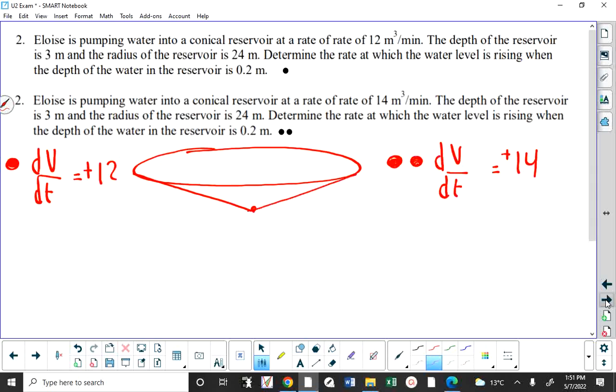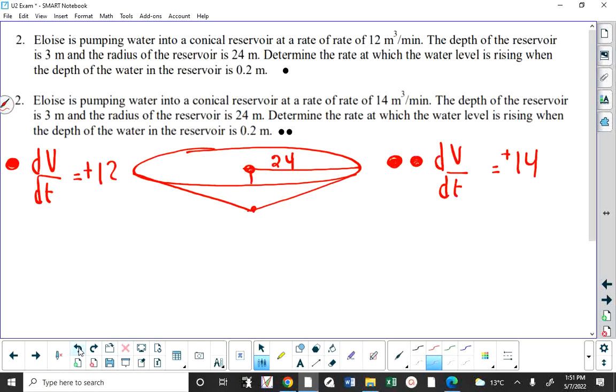So what you're looking at is a reservoir that looks like that, and the distance across the top of that entire reservoir is actually 48 meters because it says the radius of the reservoir is 24. So let's put in 24 meters for the radius, and this is the radius of the reservoir. It's not the radius of the water that's in the reservoir. And then I'm also going to put in 3 meters for the depth.